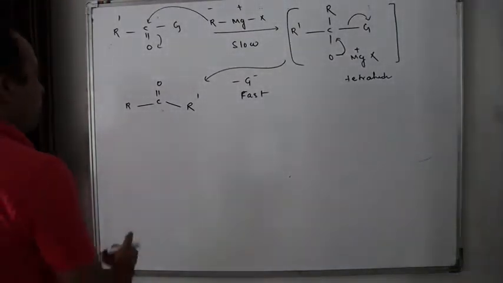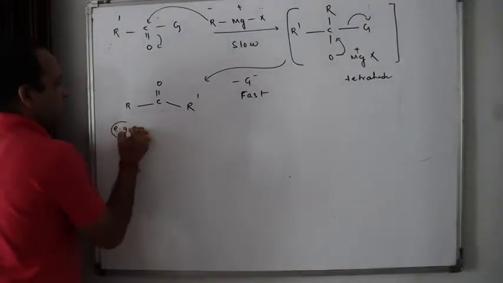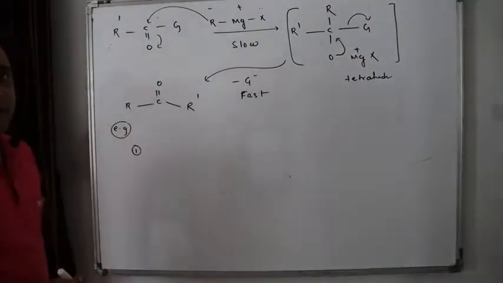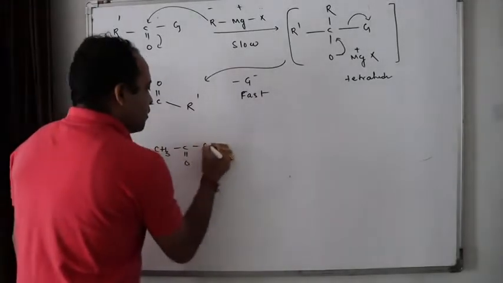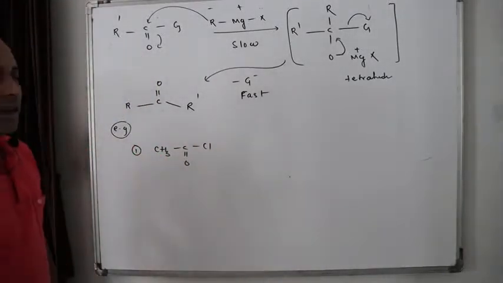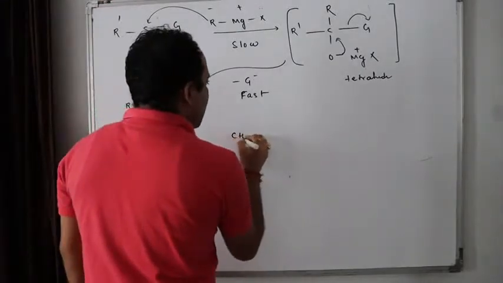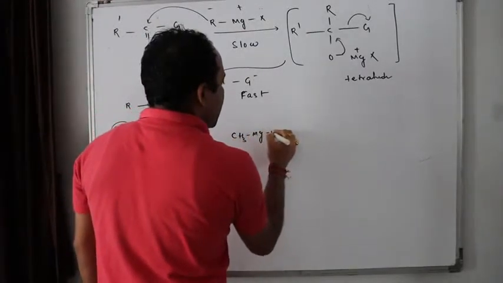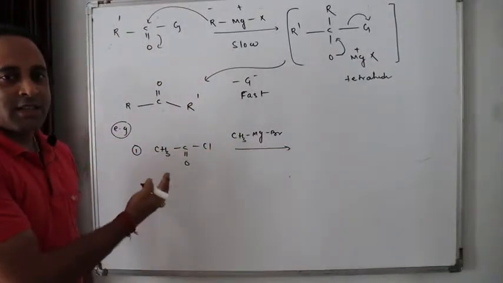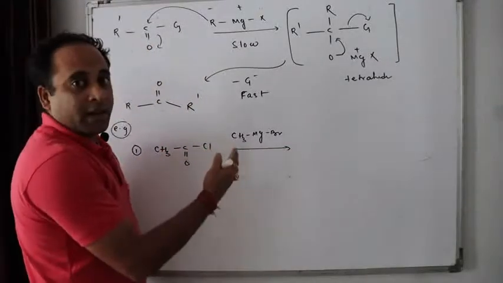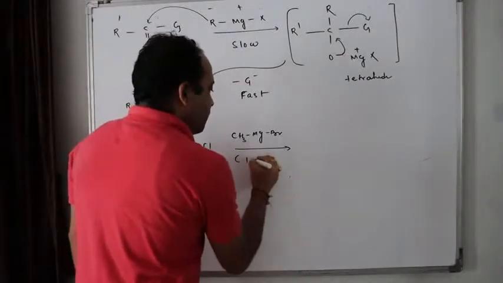Now let's go with an example. Example 1. What is the example? If I take here CH3 C double bond O Cl, and react it with CH3MgBr. What is this? Grignard's reagent. And I have to take only one equivalent.